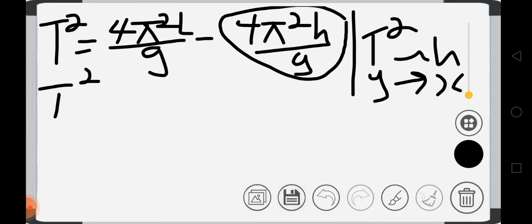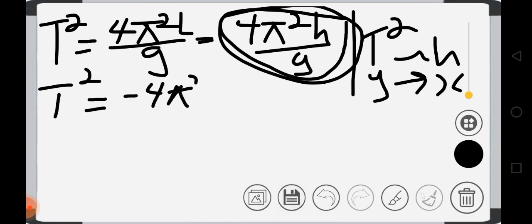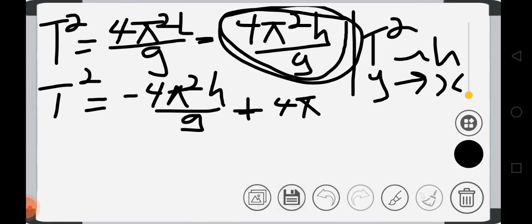T square is equal to minus 4 pi squared h over g. Then this one now is plus. If there's no sign here, it means it's plus. So plus 4 pi square L over g.